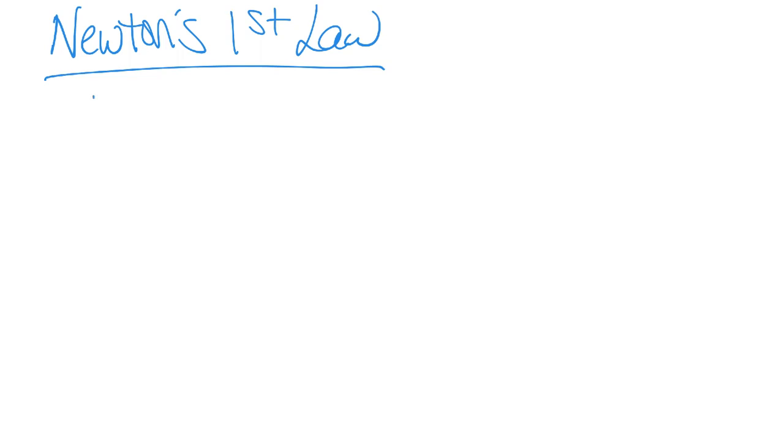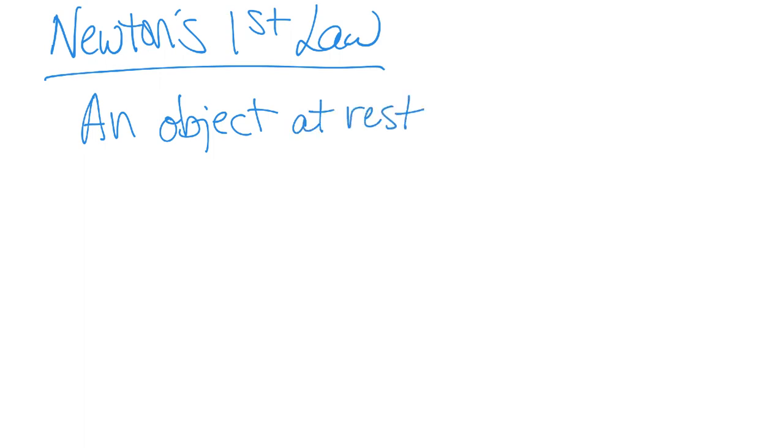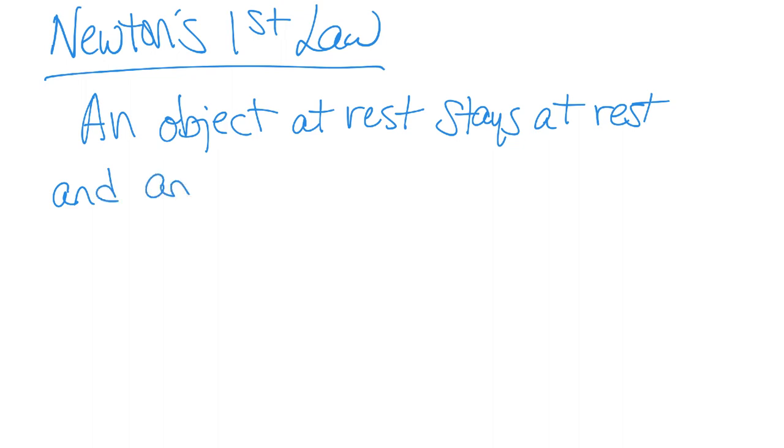Okay. So I'm going to write it pretty specifically. An object at rest stays at rest, and an object in motion, and you might want to say like stays in motion, but I want to be a little bit more specific.